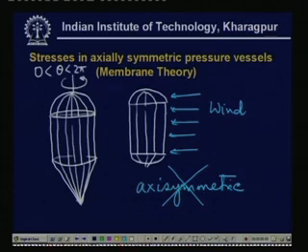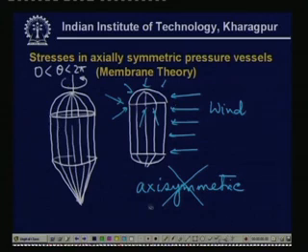But if the loading is the same from all sides, then we call it axisymmetric system.